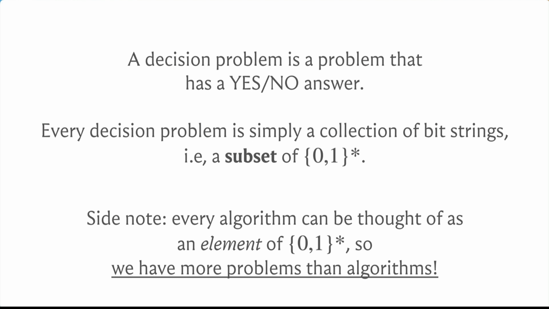And therefore, because algorithms are simply bit strings, but problems are subsets of bit strings, you probably know from your set theory classes that these are just two different cardinalities of infinities that we are staring at. So in fact, there are strictly more problems than we can have algorithms. And this means that there are lots and lots of problems out there for which we will simply never have algorithms.